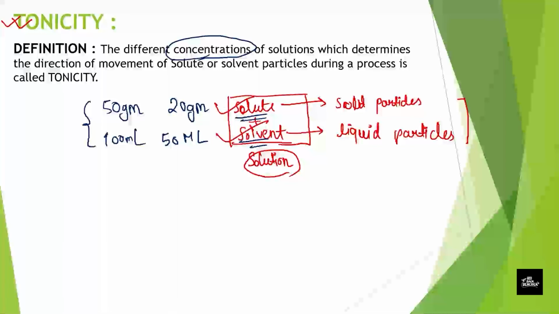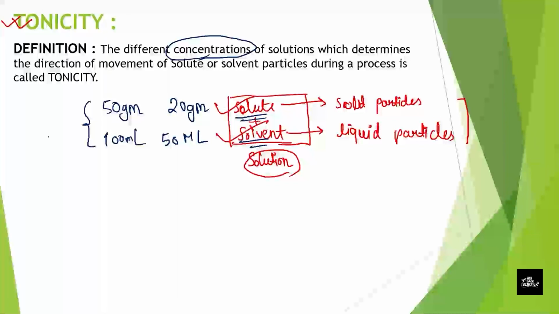Now, what is tonicity? Tonicity is basically the difference in the concentration of different solutions, which helps us to determine the direction of the movement of solute or solvent particles. For example, if inside a solvent a particular process is taking place, such as diffusion or osmosis, then based on the concentration of that particular solution, the things are going to move inside the solution.